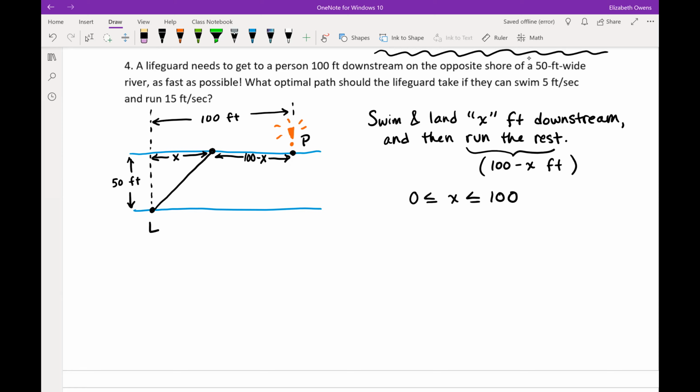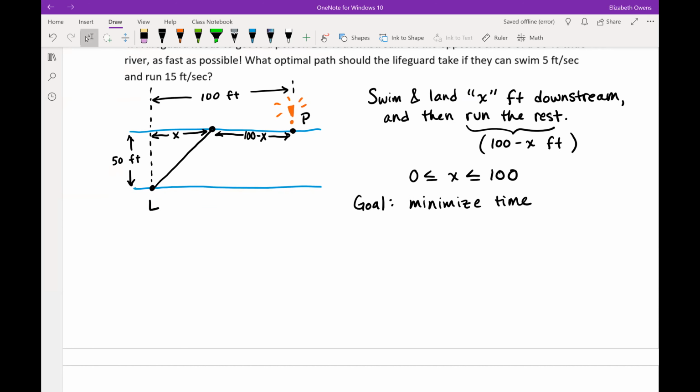Okay, so there's our scenario, and let's write down our goal here. Our goal is to minimize the time it takes for the lifeguard to complete this path. Now we are going to need an equation for that time.